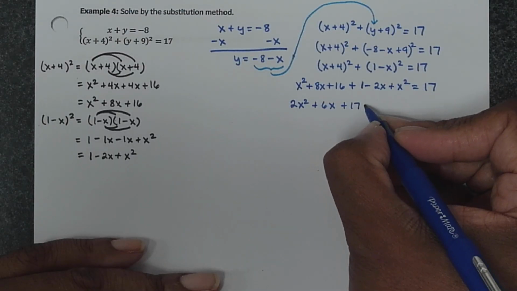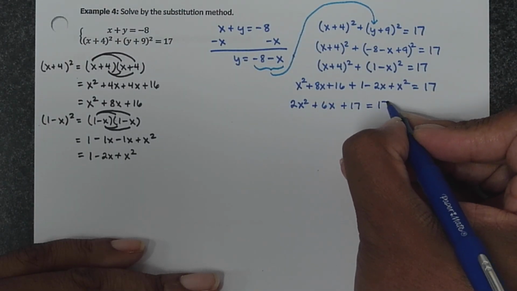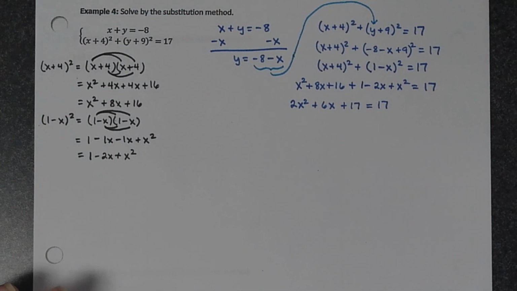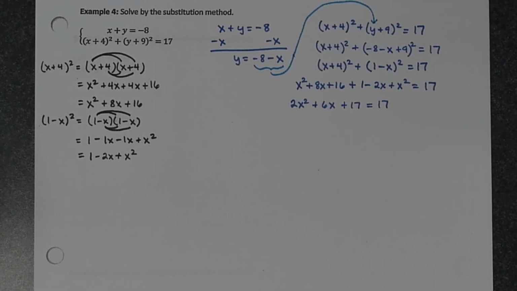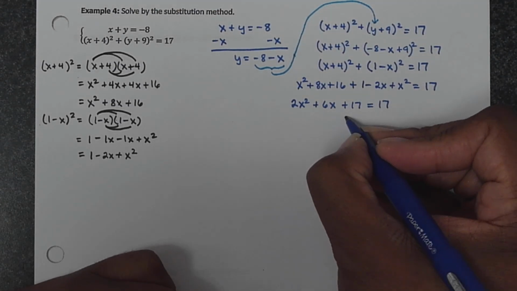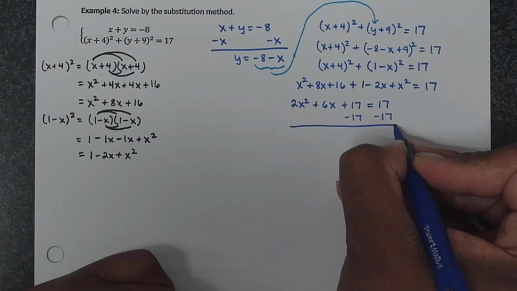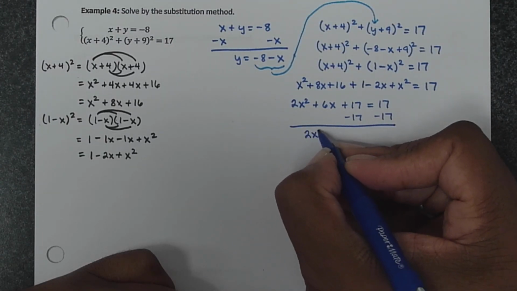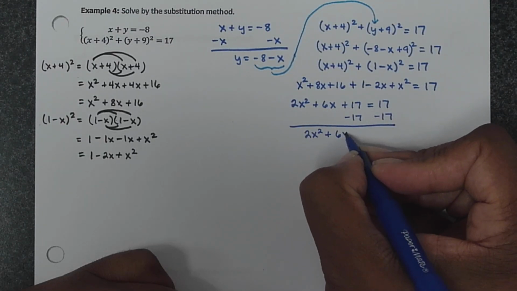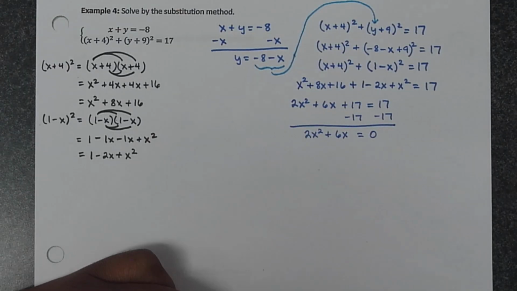So I got 2x squared plus 6x plus 17 equals 17. Now I have a quadratic equation, which means I need to get a 0 on one side in order to solve it. So to do that, I'll need to subtract 17 on both sides, which means 2x squared plus 6x will be equal to 0.